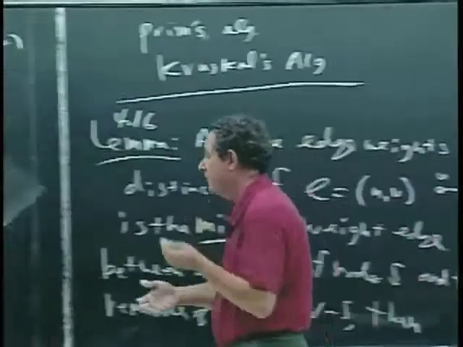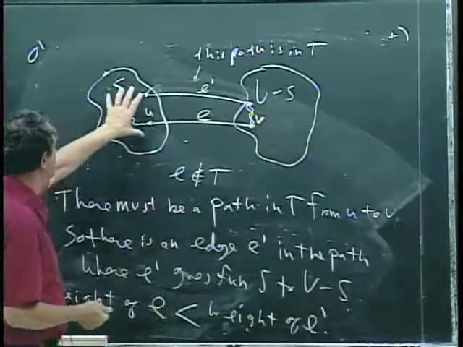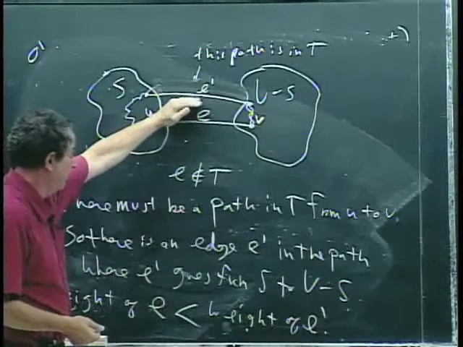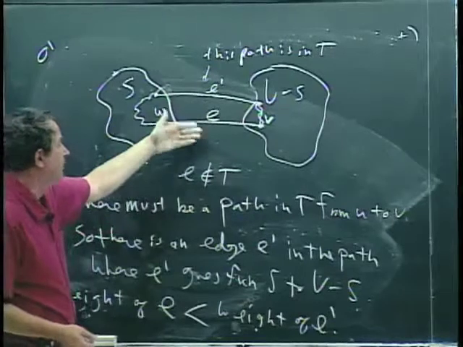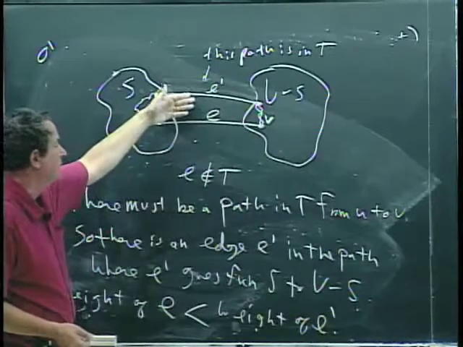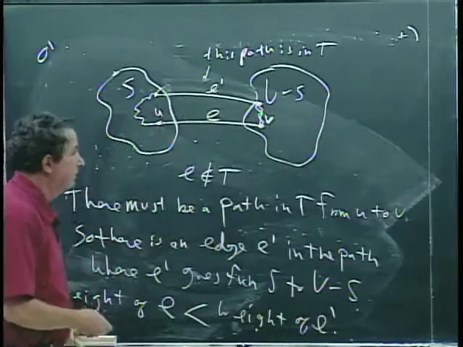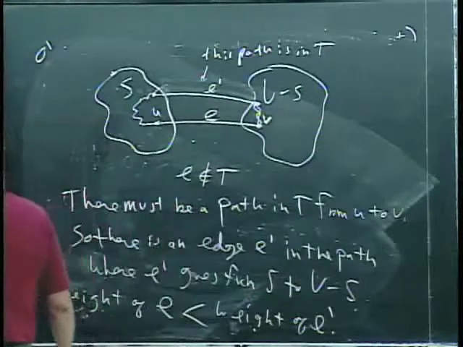Okay? So now I'm just using it. I'm using the fact that E is the minimum weight edge that crosses from S to V minus S. So it must be strictly less than the weight of E prime. And it's less than or equal because it's the minimum, but all the edges have distinct weights, so it's strictly less. Okay? So now, I guess I don't really need the example anymore.